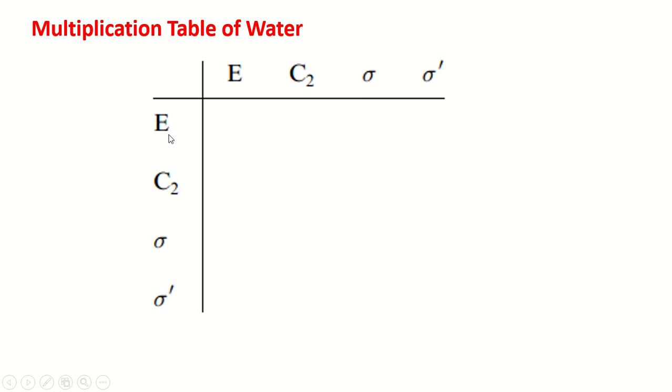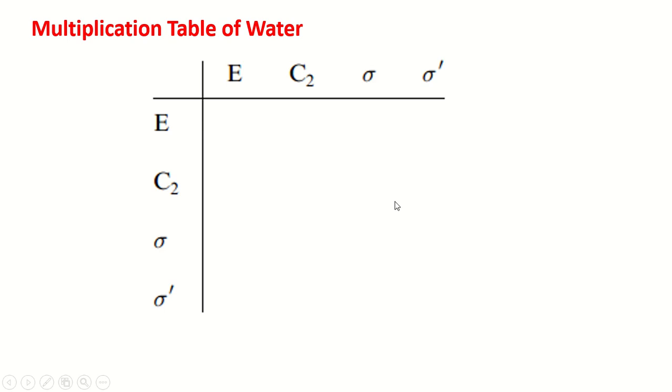We first combine the first member from the column with the rest of the members of the row. So we combine identity with identity, identity with C2, identity with sigma, identity with sigma dash, and the resultant or product should be written in this tabular arrangement.